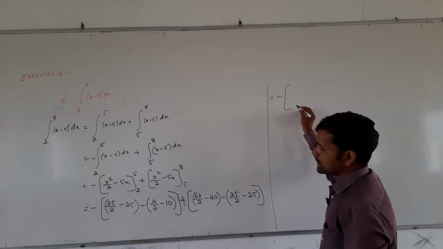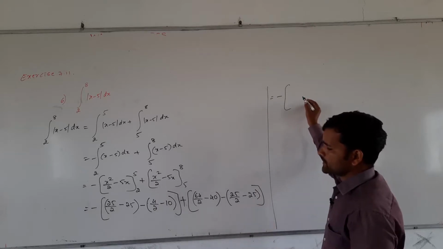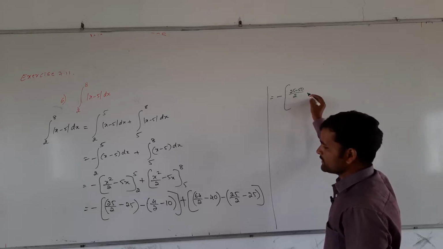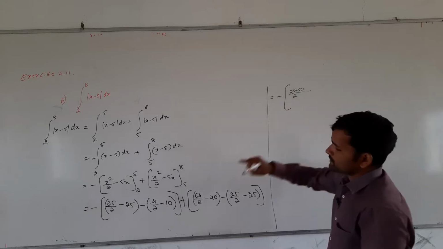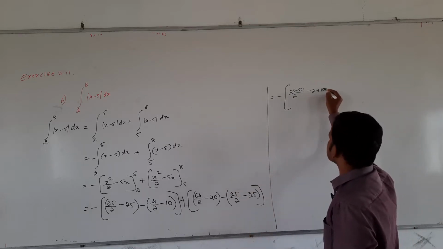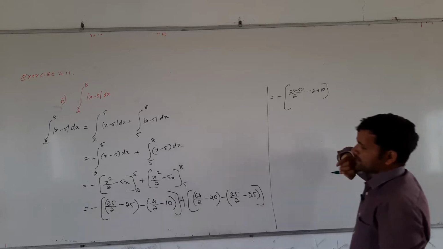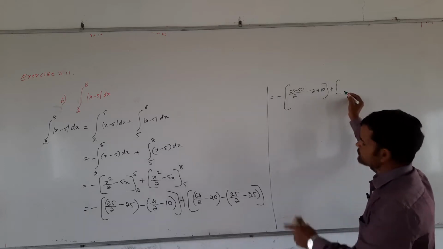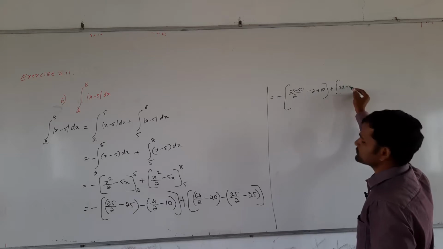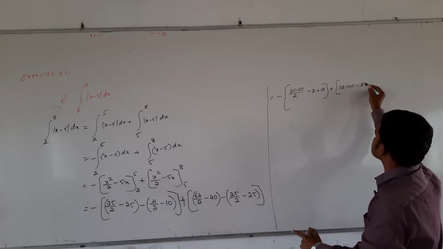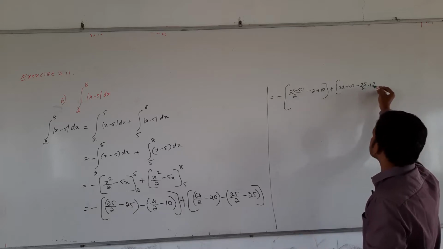Minus of 25 by 2 minus 25. Cross multiplying, 25 minus 50 by 2, and minus of 4 by 2 is 2, minus will get multiplied, minus 2 plus 10. Next, the second one, plus of 64 by 2 is 32, 32 minus 40, and minus will get multiplied, minus 25 by 2 plus 25.